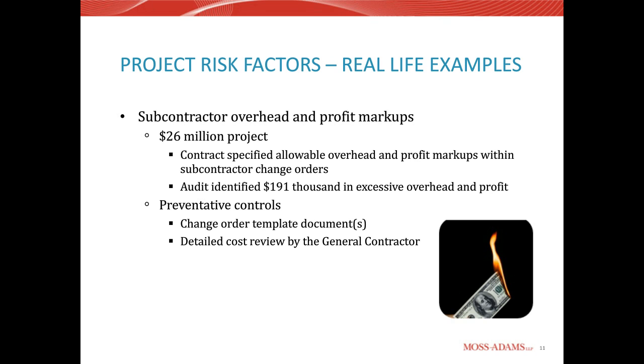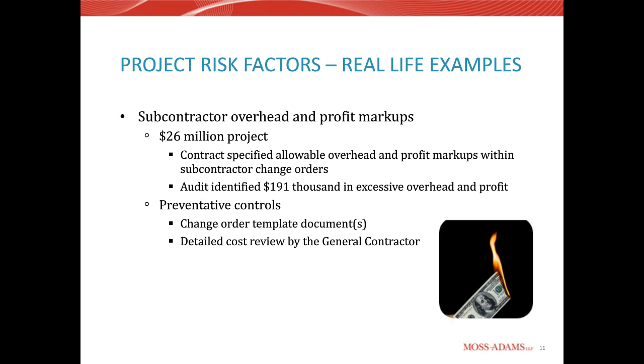It can be particularly important on a subcontractor basis since the majority of your subcontracts are typically going to be lump sum. You really don't have the opportunity to look at that cost in the same amount of detail that you would if you had a GMP contract or subcontract.